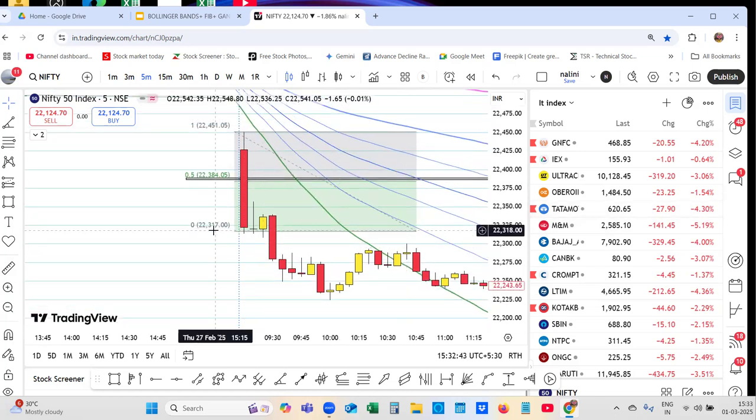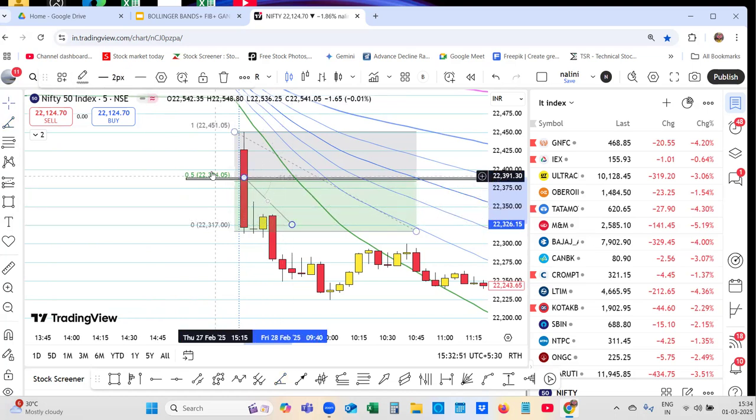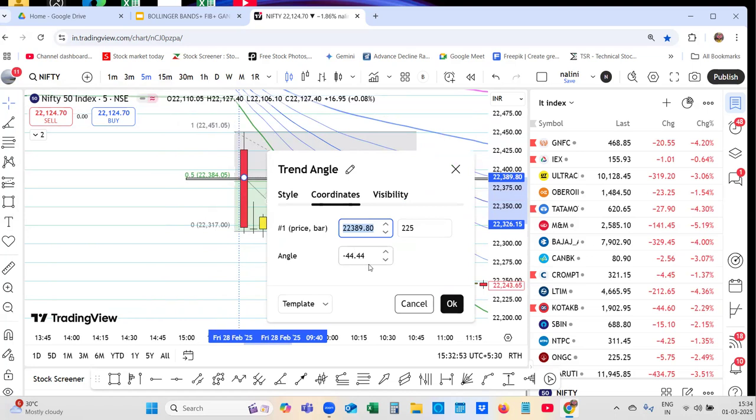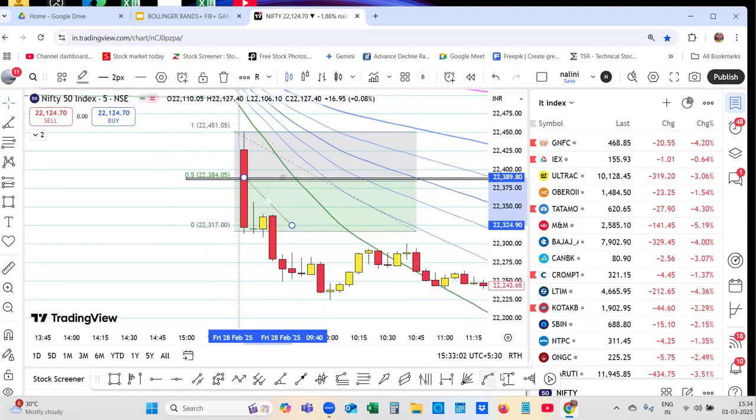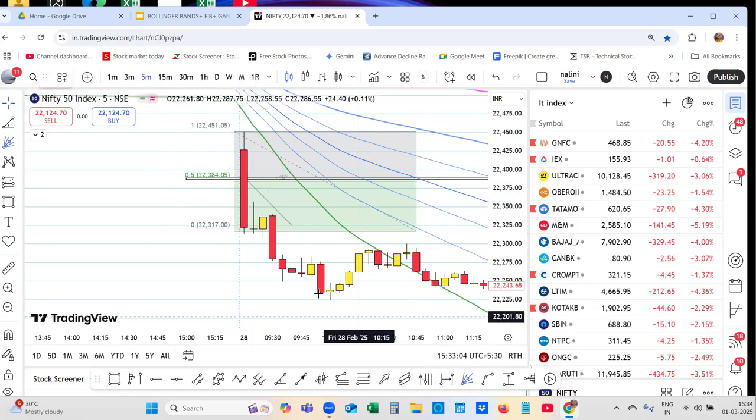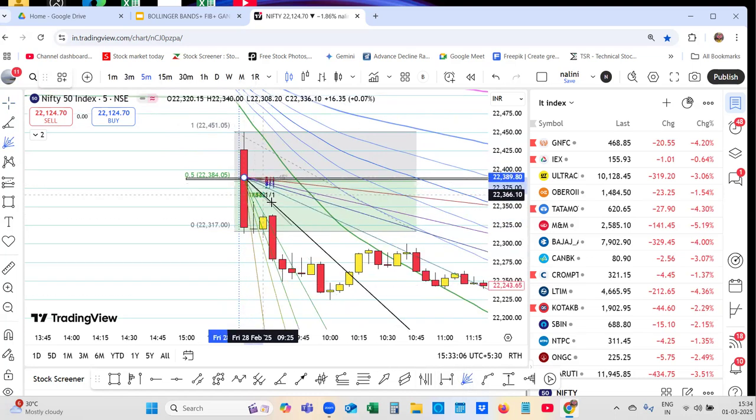So what I'm going to do is take the 45-degree angle, anchor it to the pivot of the 5-minute candle, and adjusting the coordinates, I'm placing my Gann angle.